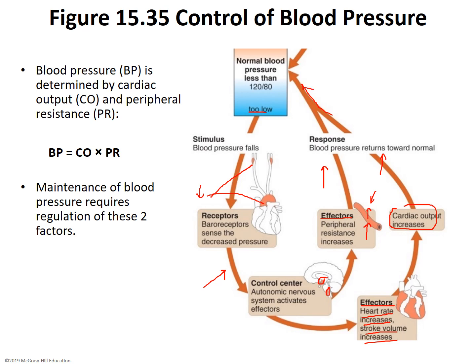Now, this is one thing I want to point out: when we have high blood pressure and we try to take medication to lower it, without it being natural, our body's going to respond to it as if our blood pressure has lowered.